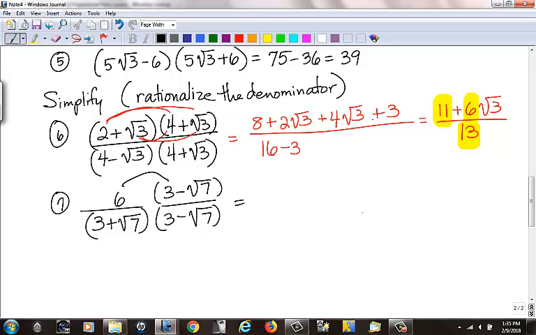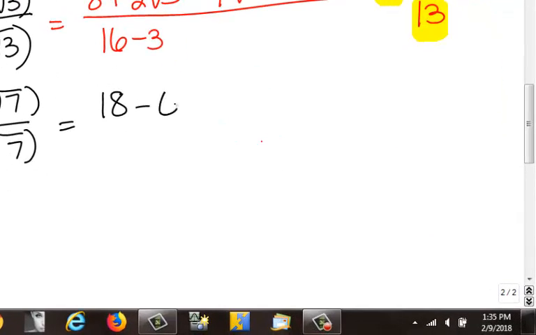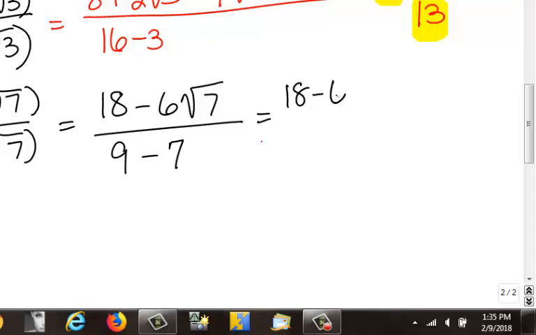So we got to multiply this out. 3 times 6 would be 18. Minus 6 radical 7. Okay, now square the first one. 9 minus 7. So you'd have 18 minus 6 radical 7 all over 2.